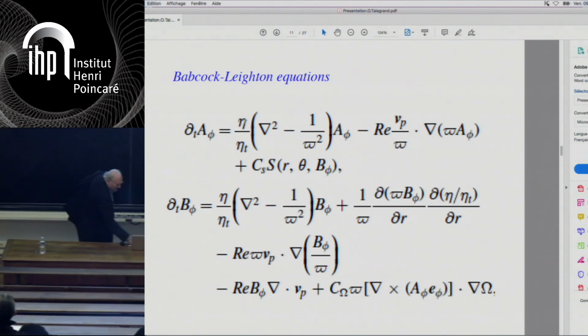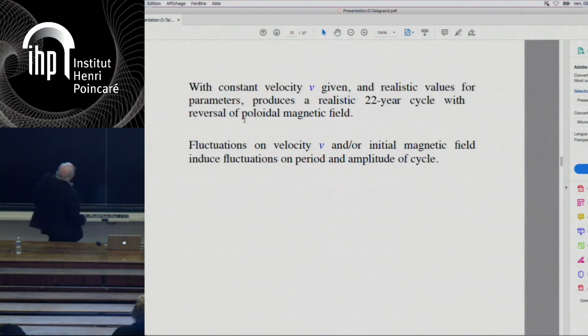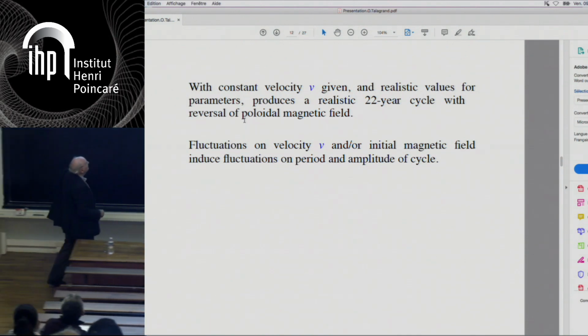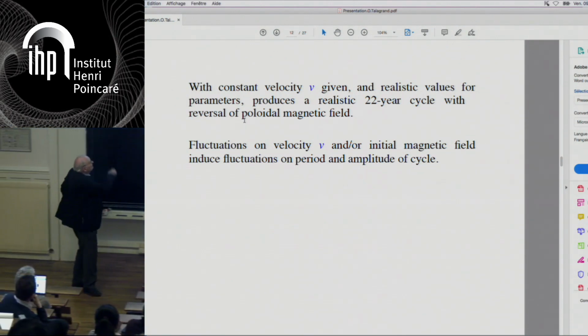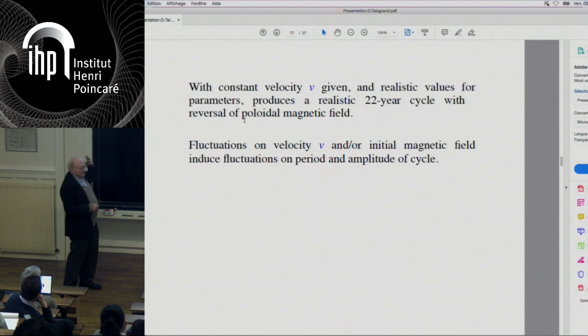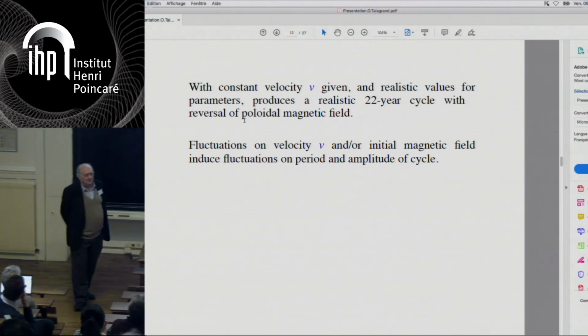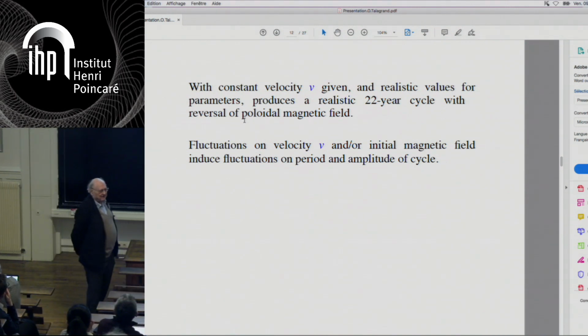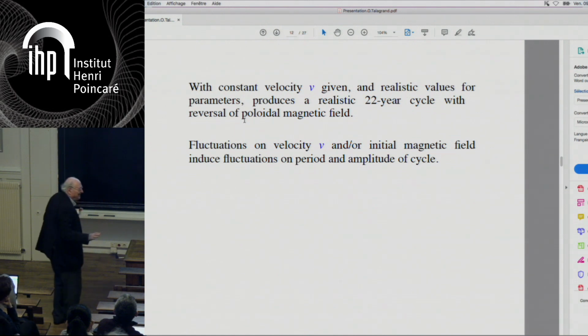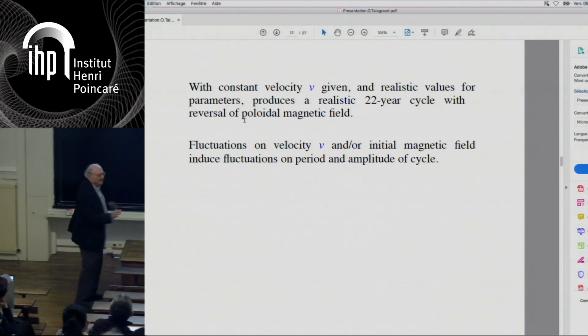Anyway, with a constant velocity V given, and realistic values for the physical parameters, this model produces a realistic 22-year cycle with reversal of the poloidal component every 11 years. So basically, it contains the physics of the cycle.